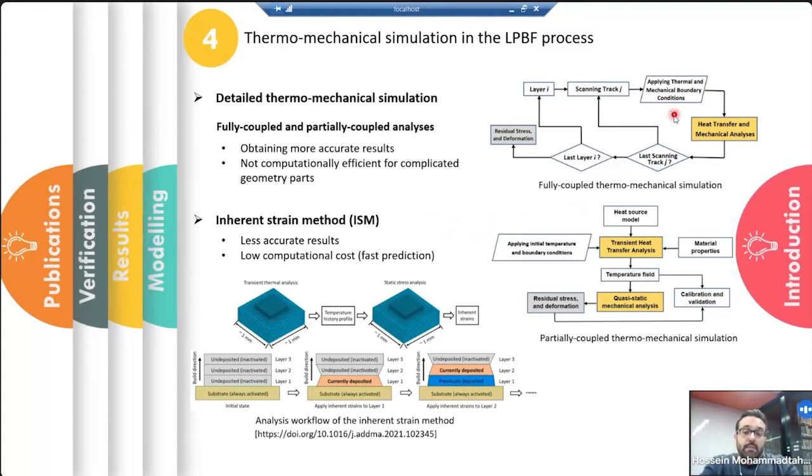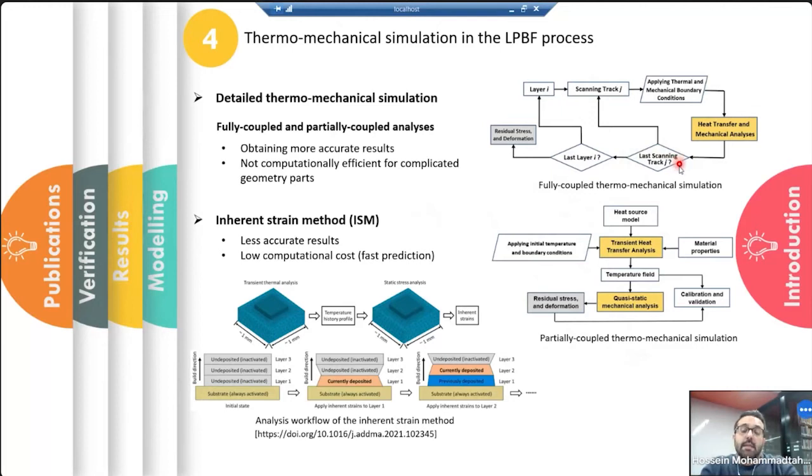But take a look at these two flow charts. We can see the algorithm of fully coupled thermomechanical simulation and partially coupled thermomechanical simulation. The fully coupled method is characterized by the mechanical evaluation after each thermal analysis step.